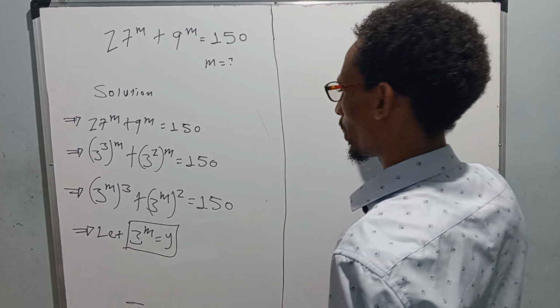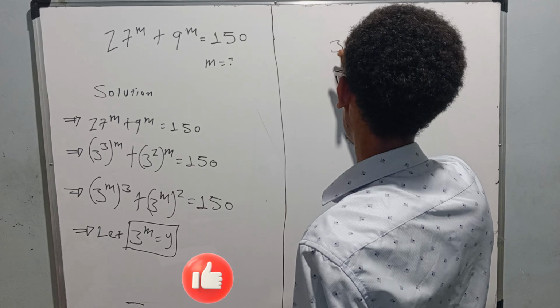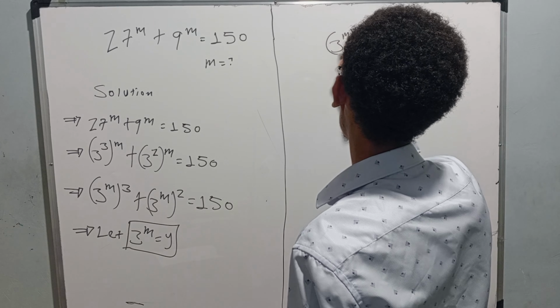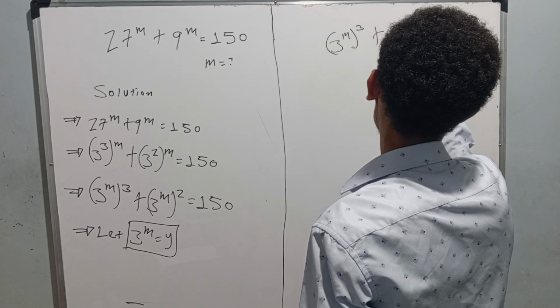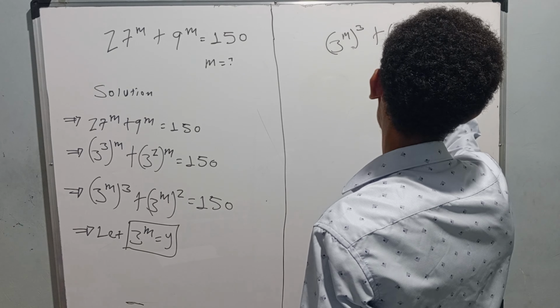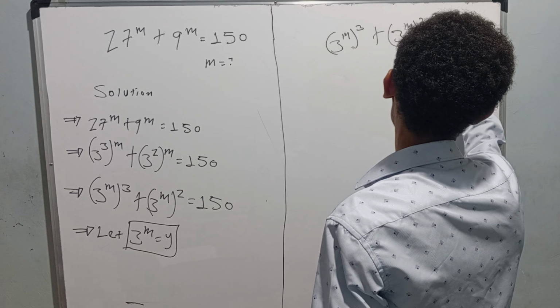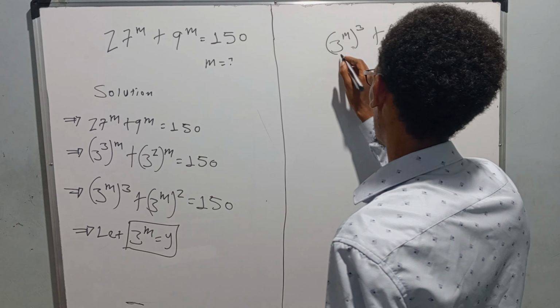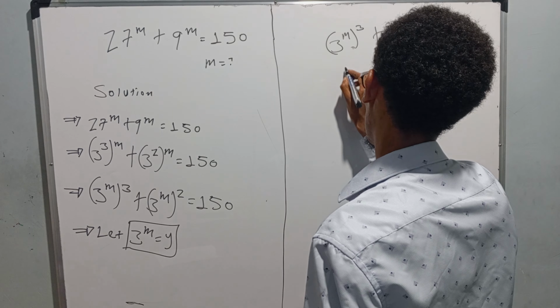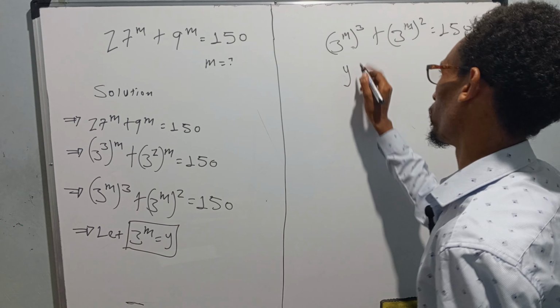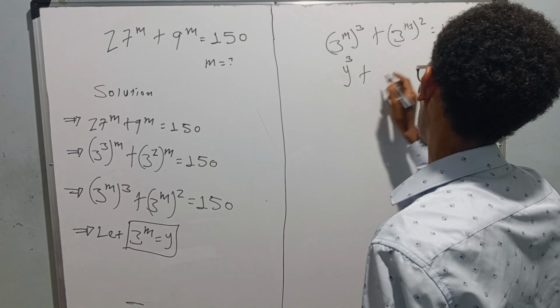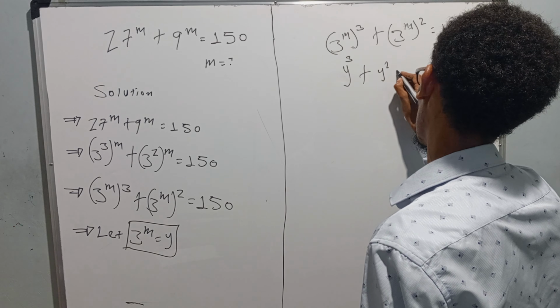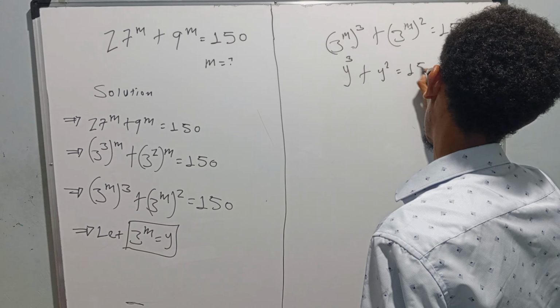The equation becomes 3 to the power of m, the whole power of 3, plus 3 to the power of m, the whole power of 2, equal to 150. Great. Now we replace 3 to the power of m with y. Now we have y cubed plus y squared is equal to 150.